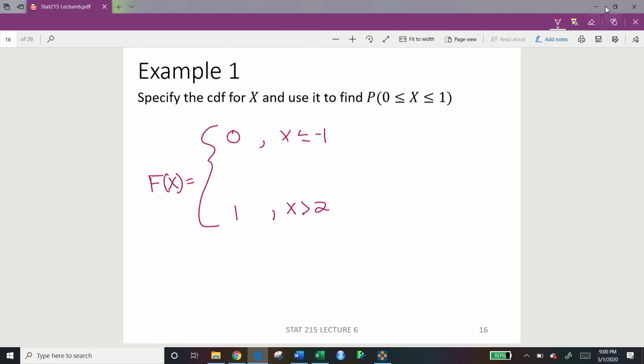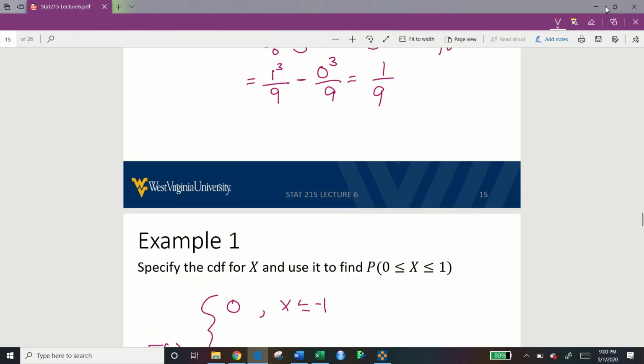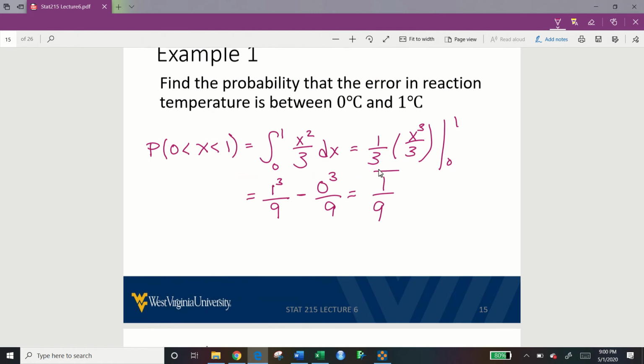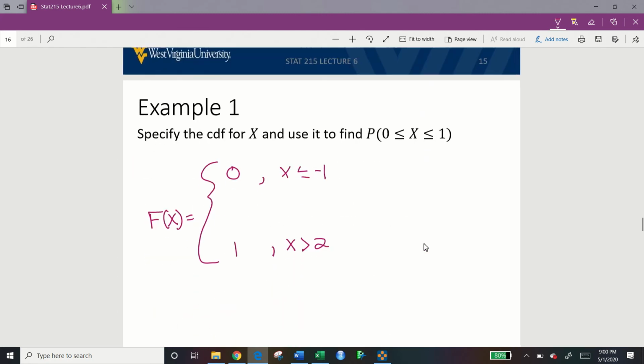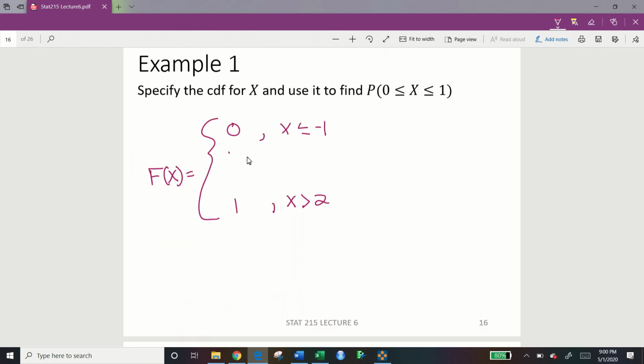If we were just to perform the integration, as we've done multiple times here, we know that that's equivalent to x cubed over 9. That's the function we're looking for here. X cubed over 9 when -1 is less than x is less than 2.